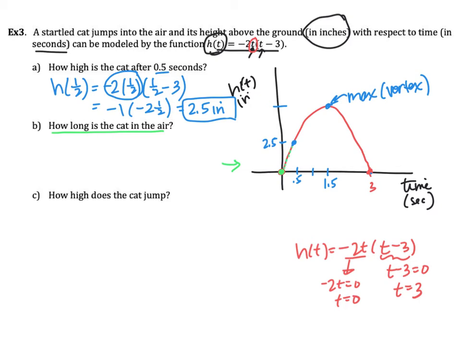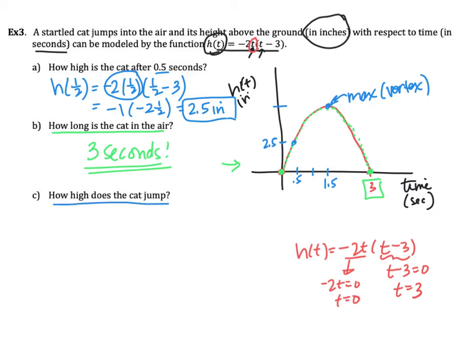It jumps in the air, it's up in the air, until it gets back down to a height of 0. So how many seconds was the cat in the air? Oh dear, 3 seconds. Wow. That is a special cat if it can stay in the air for 3 seconds. 1, 2, 3. That cat must have been really, really scared.